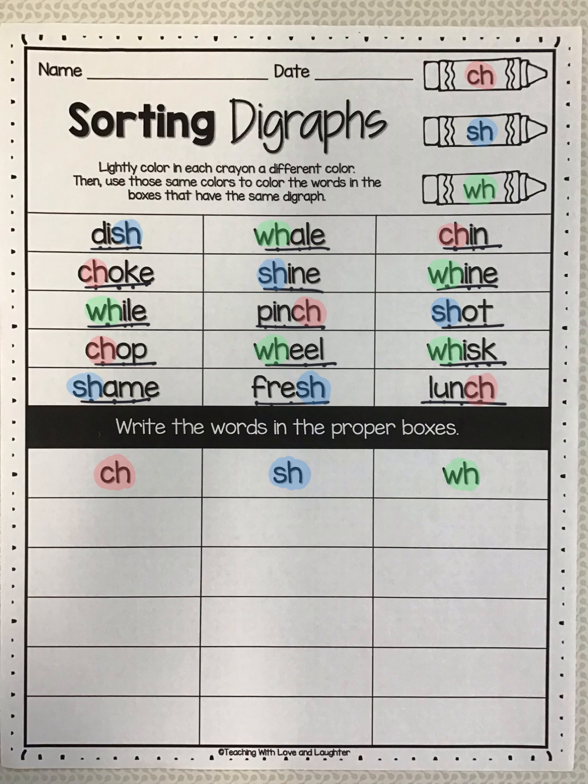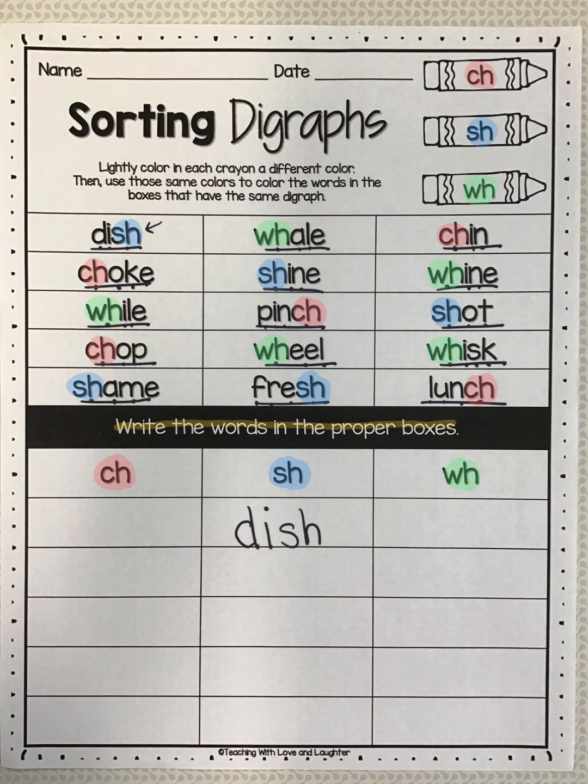All right, my friends, now we are going to write the words in the proper boxes. So number 1, back at the top, is dish. I can see my SH digraph, so I'm going to write it underneath SH in the SH column. D-i-s-h. Dish.